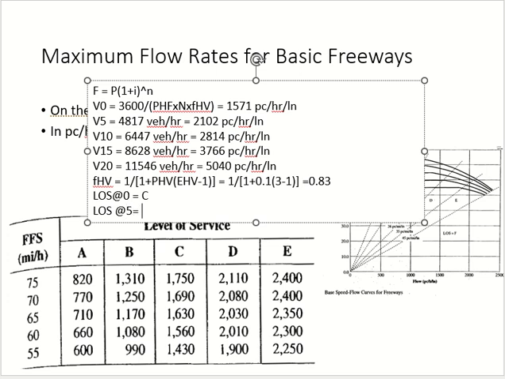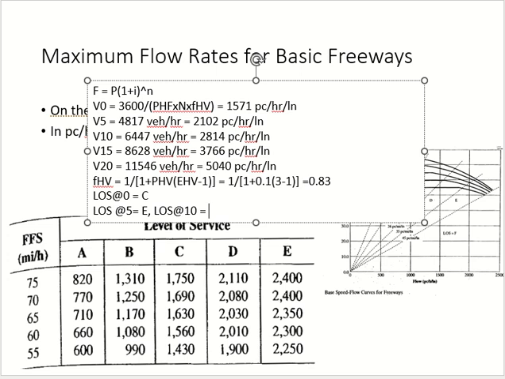Level of service at year 5. At year 5, I have 2100. So obviously now I'll cross C. I'll cross D as well. Did I cross this? No. So my level of service is E. Year 10, my value is 2814.